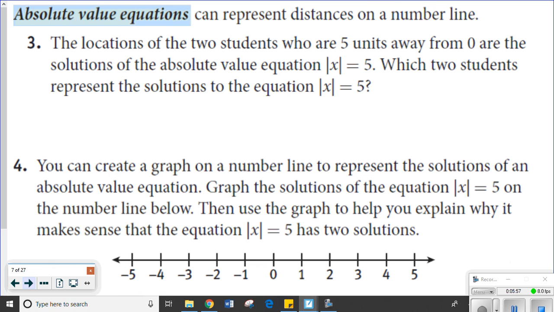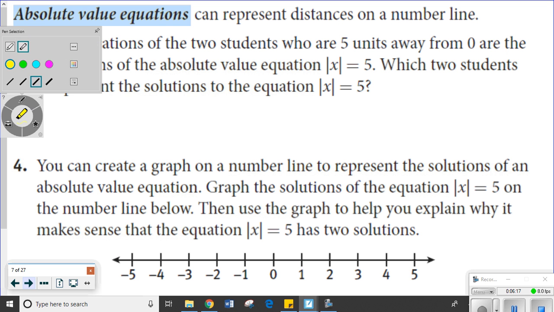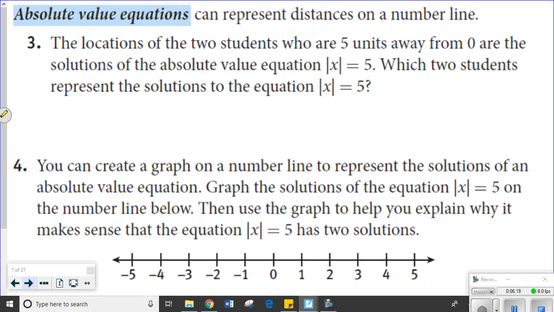Absolute value equations can represent distances on a number line. Number 3, the locations of the two students who are 5 units away from 0 are solutions to this absolute value equation. The absolute value of x equals 5. This equation represents the two students that are 5 units away from 0.